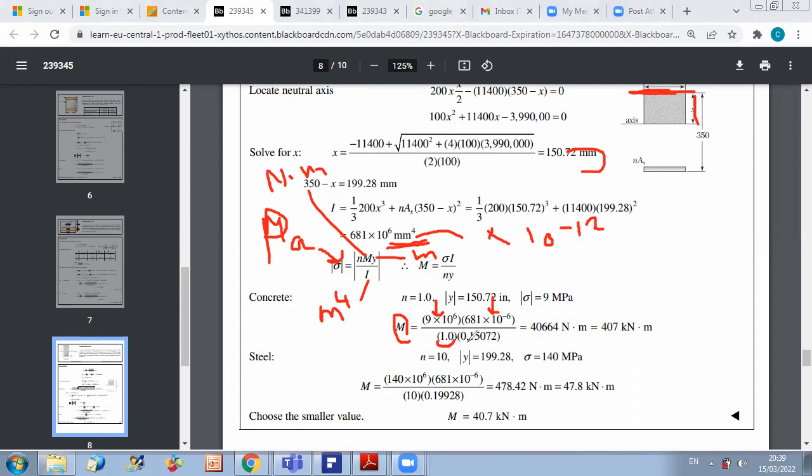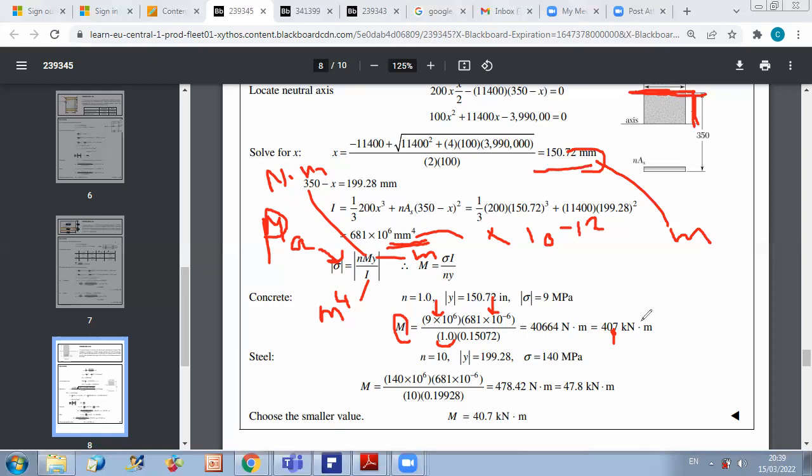And the distance Y corresponds to the maximum distance from the neutral axis, because we are designing on the maximum allowable stress. Then it's equal to the distance x, which is already determined. Just don't forget to convert it to meter. So you divide by 0.15072. This will give you 40,664 Newton meter, or 40.7, here they missed the decimal point, 40.7 kilonewton meter.